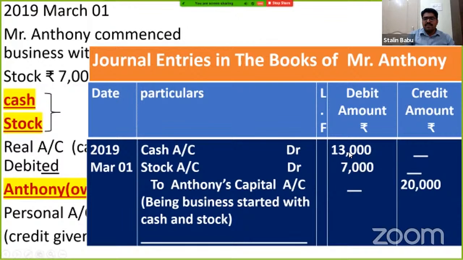What is the total of this debit? 13,000 plus 7,000, total is 20,000. That 20,000 is credited to Anthony's capital account. Write 20,000 in the credit amount column. Being business started with cash and stock. Write a straight line in the particulars column.